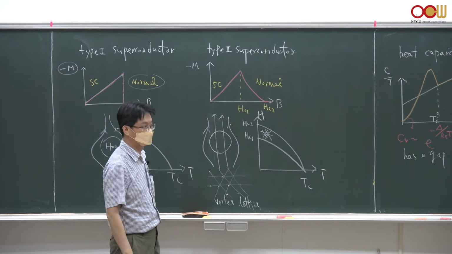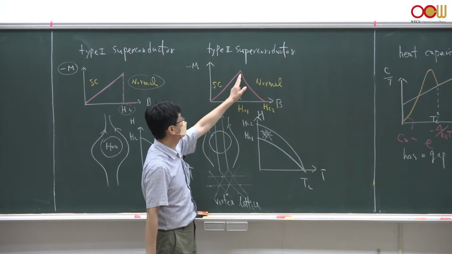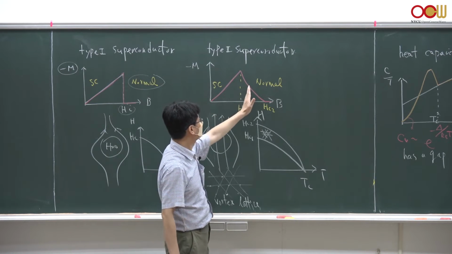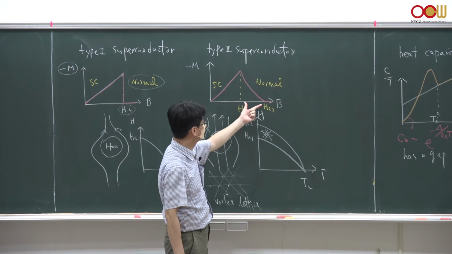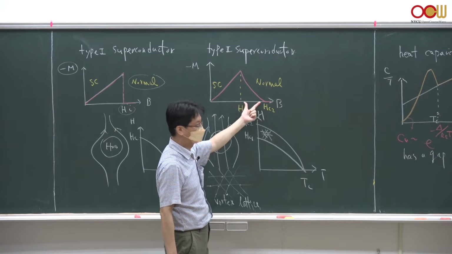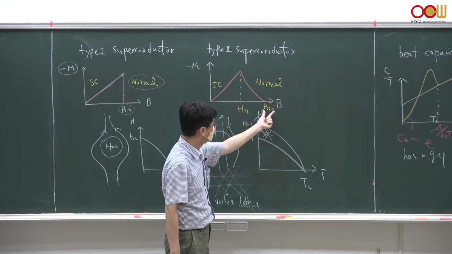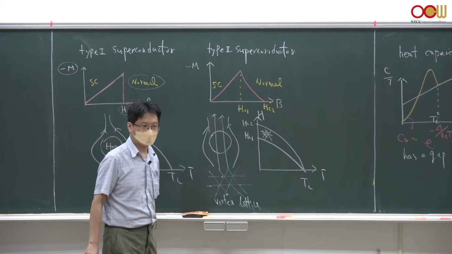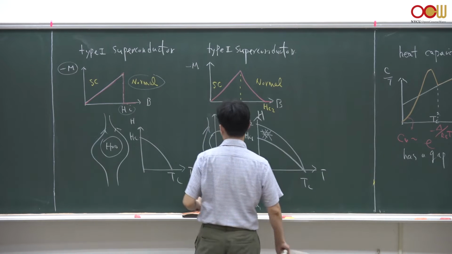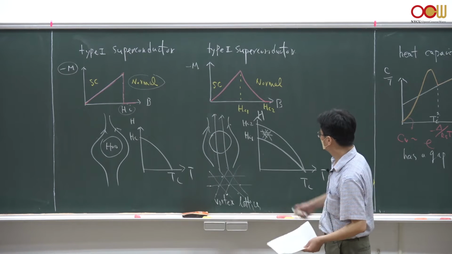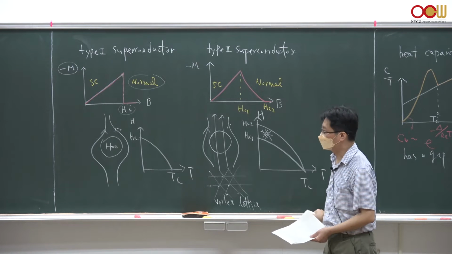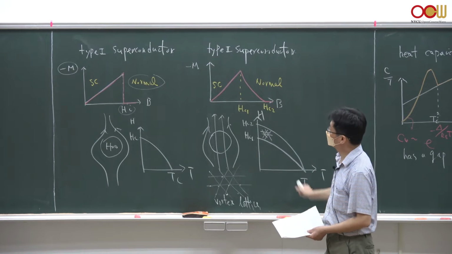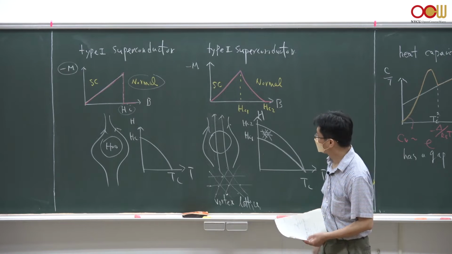The magnetization does not vanish above Hc1; there is a window between Hc1 and Hc2 where the magnetization is still finite. But below Hc1, you get perfect diamagnetism. That's called a type 2 superconductor.